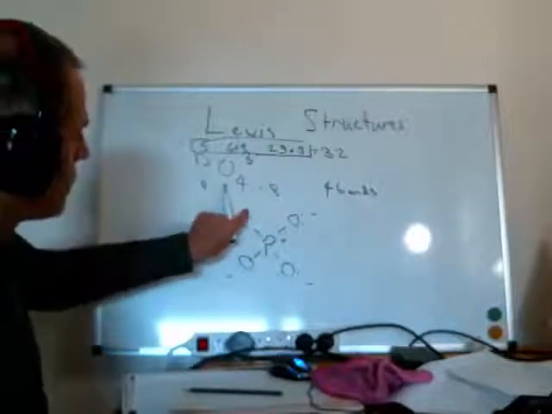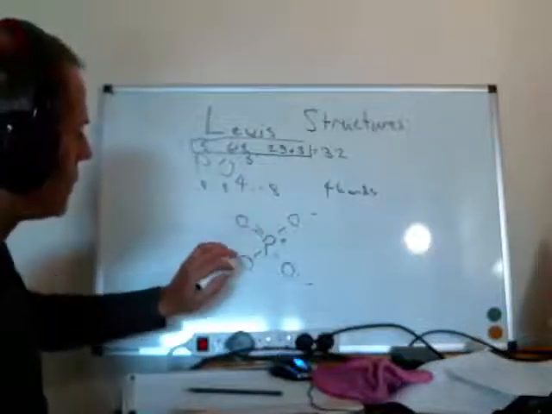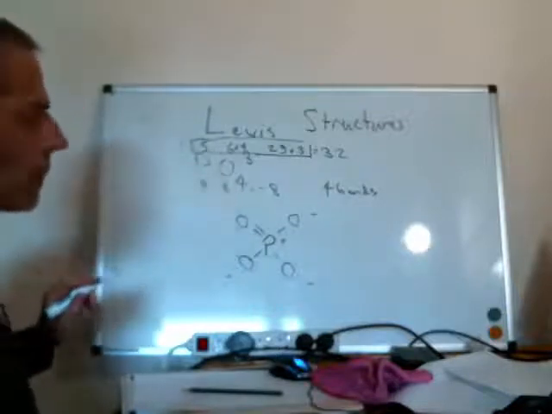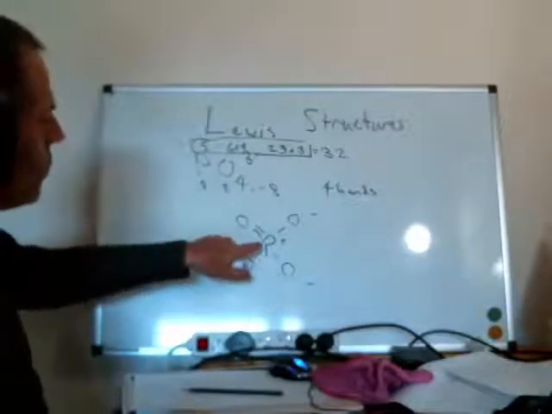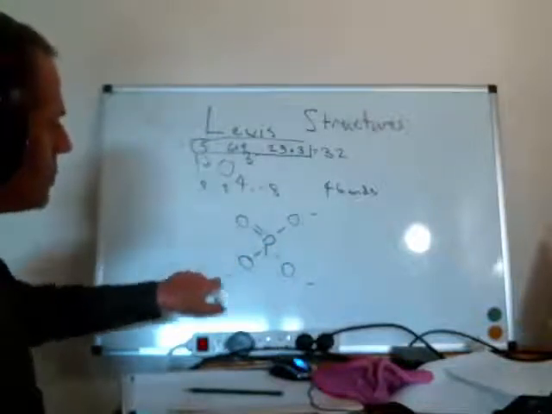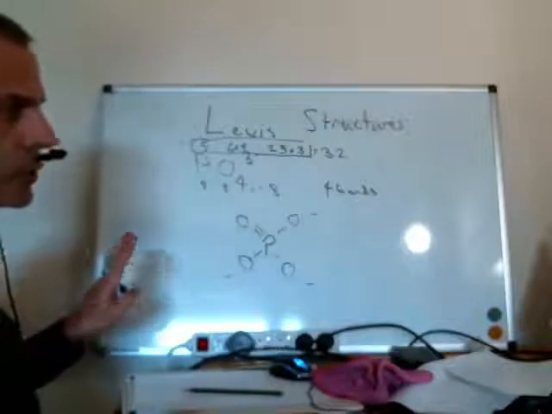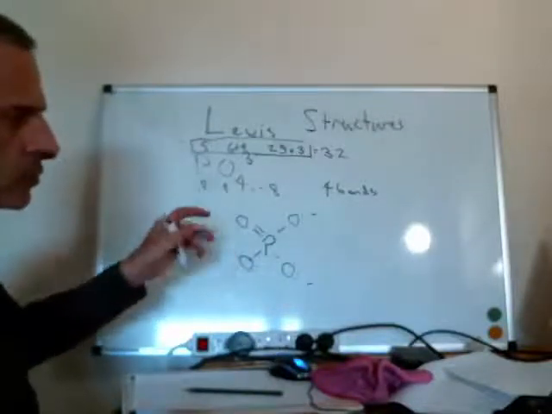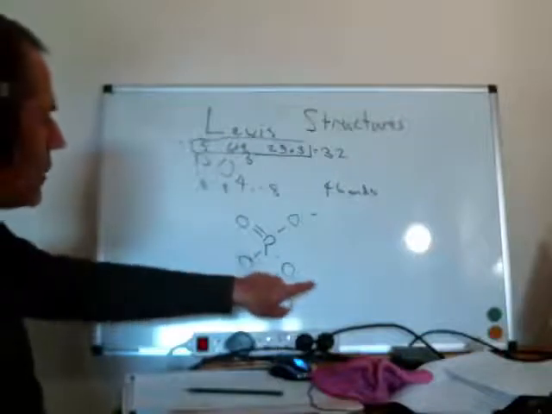If we resolve that, that gets rid of the lone pair. It gives us a new lone pair, a new structure with no charge on the phosphorus, no charge on this oxygen, and negative on these oxygens. That's the normal structure that people give for phosphate anions.